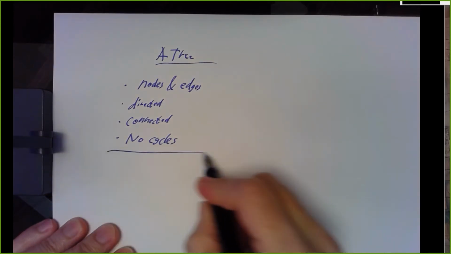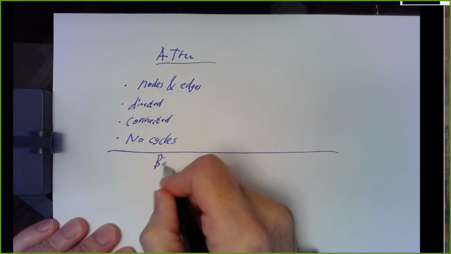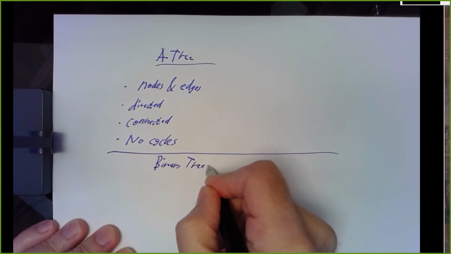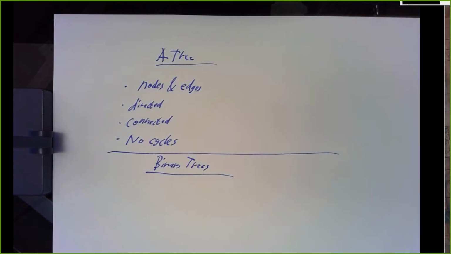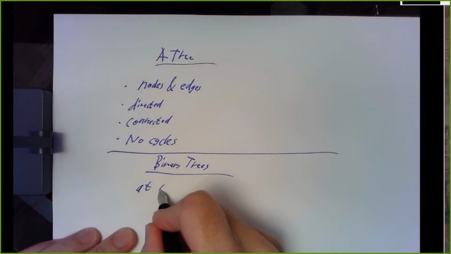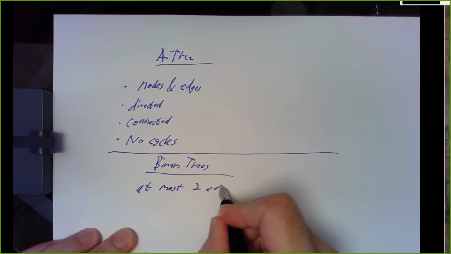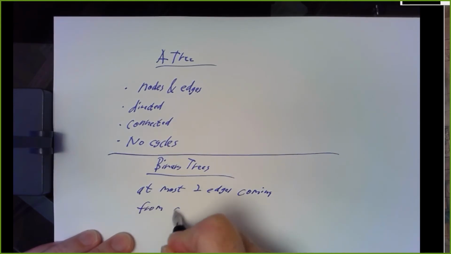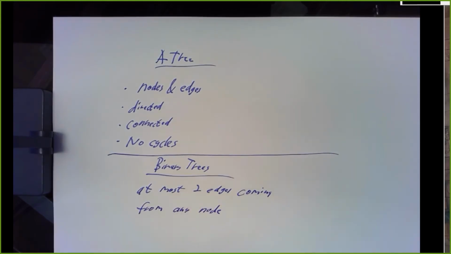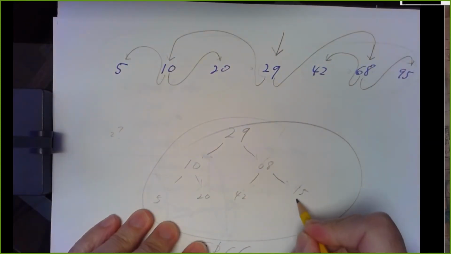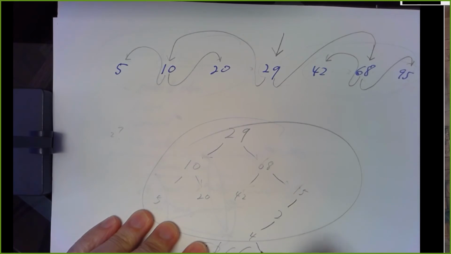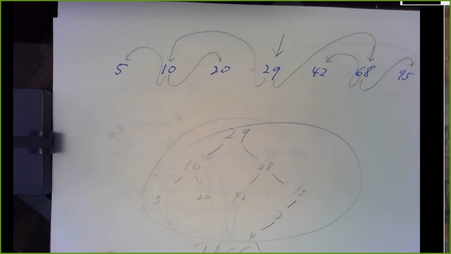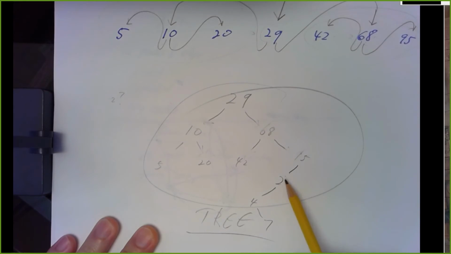All right, so we're going to mostly work on binary trees. And so in a binary tree, we have at most 2 edges coming from any node. For example, I could continue down here, and here I've got one node hanging off of this one.